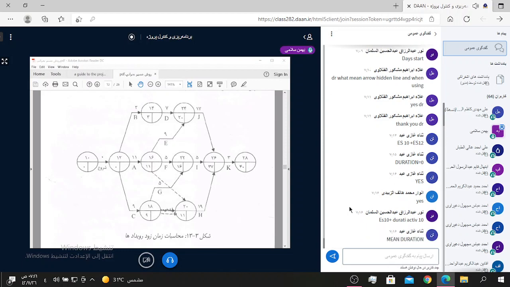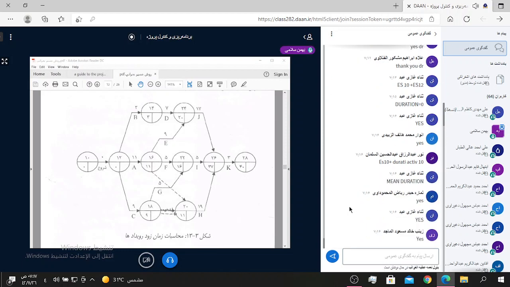ES10 plus duration activity. No. Activity 10, there is no activity 10. We have activity start, activity A, activity B. The name of the activity is start, for example, A, B, C, and so on. The number is number of node. You should separate it: node and activity. Understand?